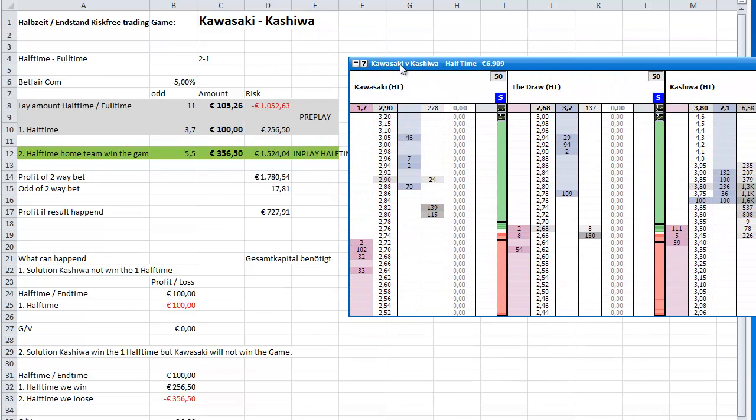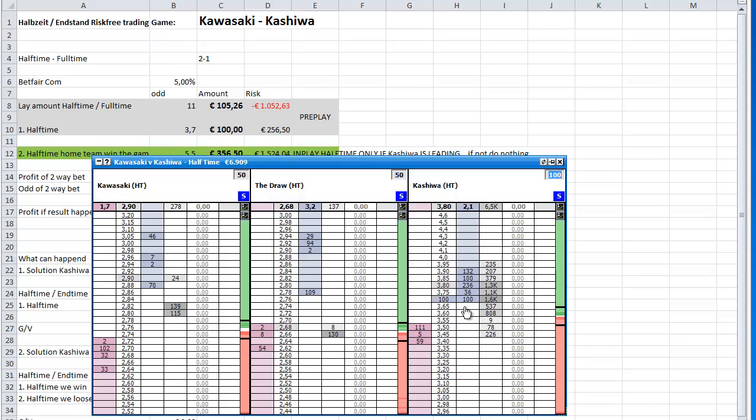You see here, if Kashiwa will win the game, we get a profit of 256.50, and we have a risk of 100 euros if Kashiwa will not win the game.